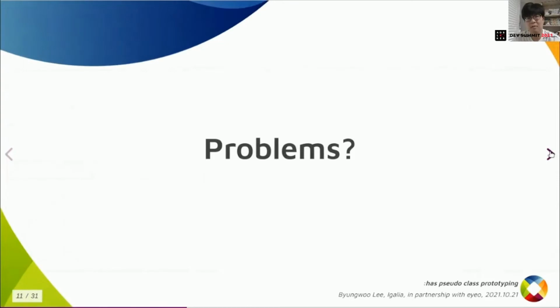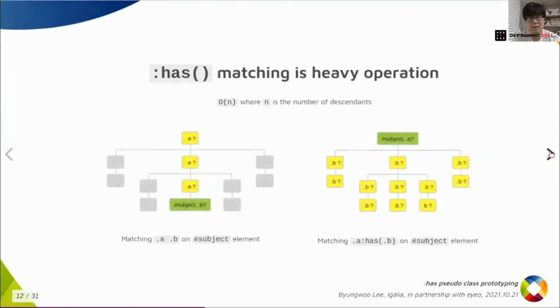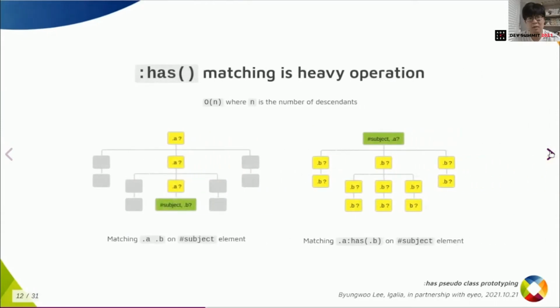But to use has, we need to solve many problems. As I already told, has selector matching is basically a heavy operation because it needs to check the descendants of a subject element instead of its ancestors.